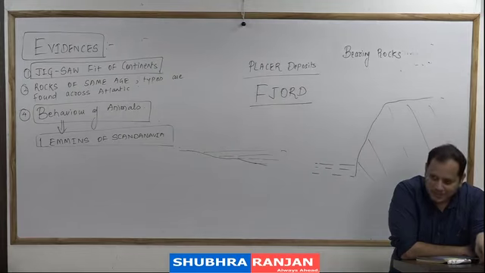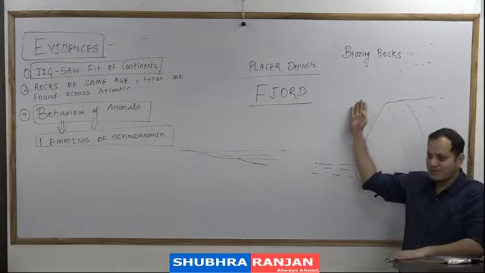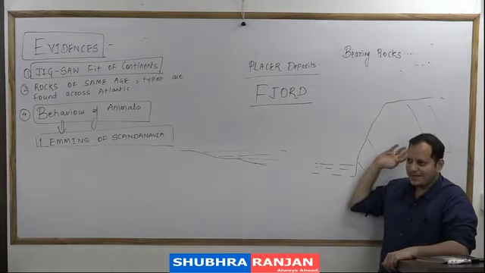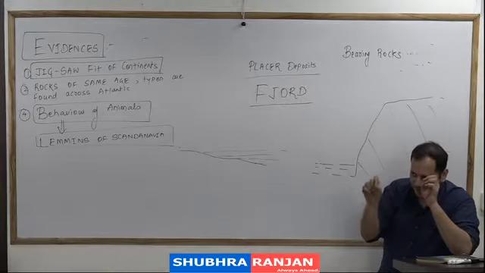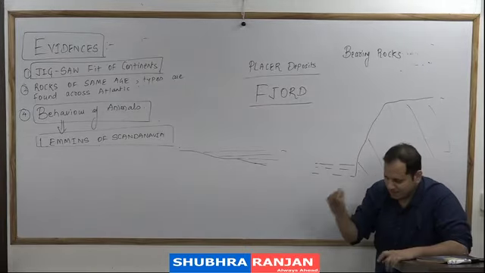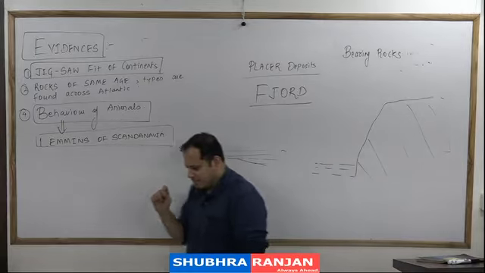Now why do they run westwards? Because they think North America and Europe are intact. So that is the lemmings' behavior. Now we are going to write in very simple words.